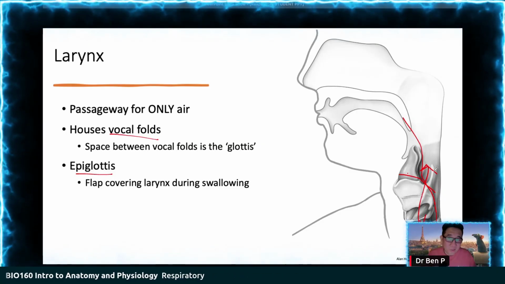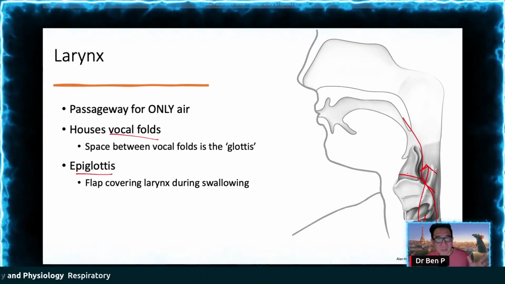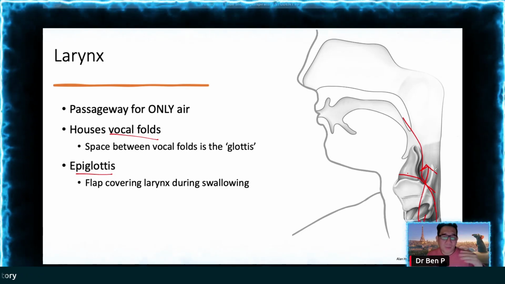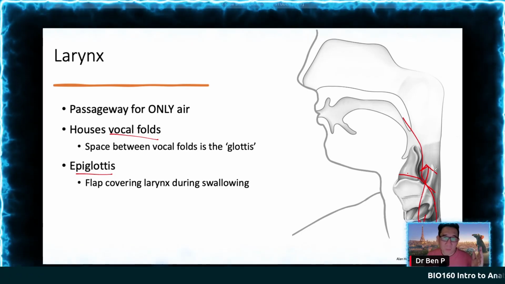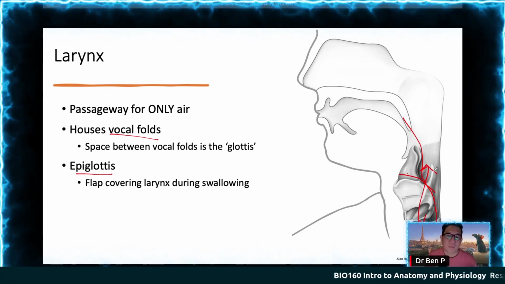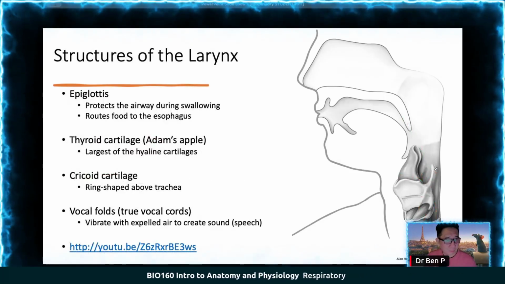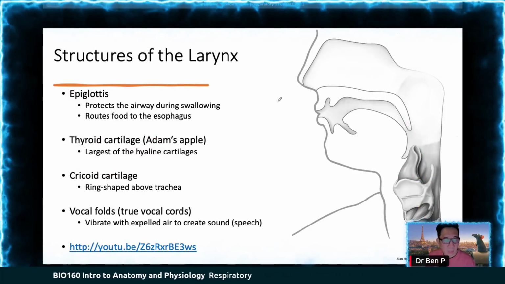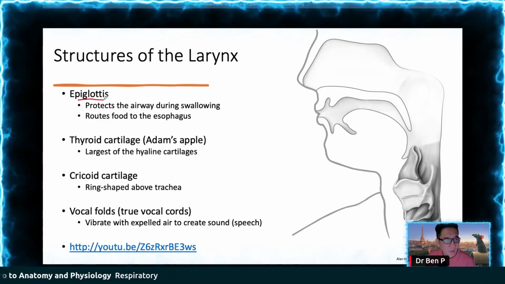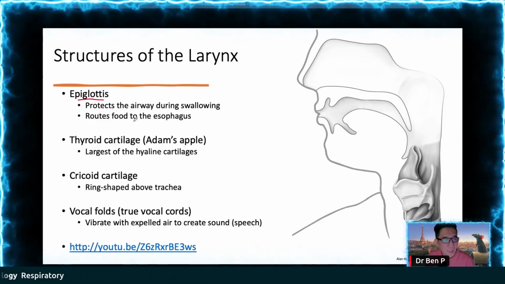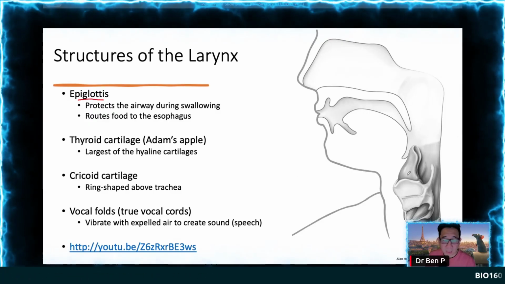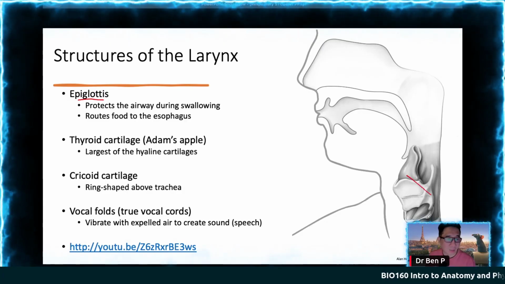Do you want to swallow, or do you want to just laugh? So usually it opens up, and then some of the food goes down, and that's when you have aspiration or choking. So the epiglottis is a big one to know, definitely. This is again the structure up here that prevents food from going into your trachea.